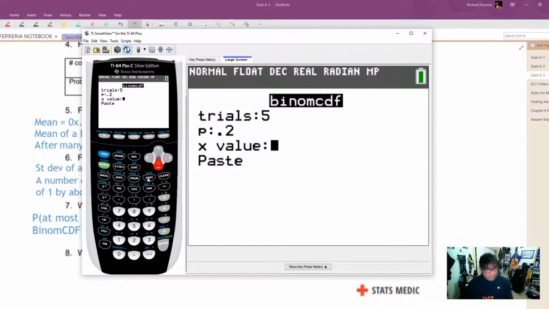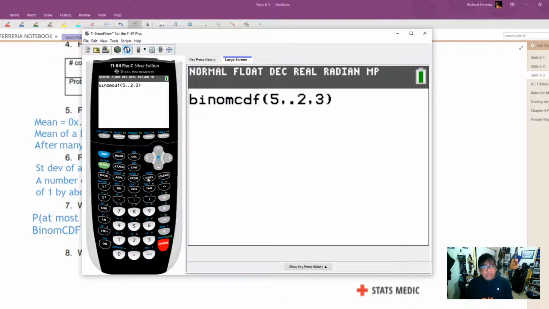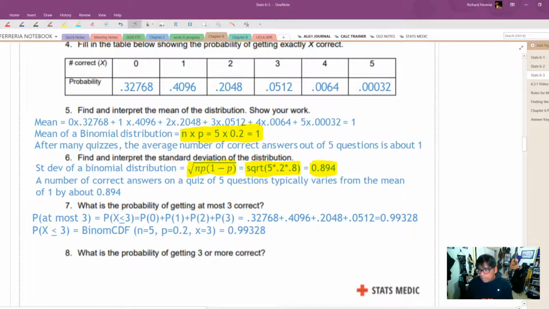The probability of less than or equal to 3 is exactly equal to this binomial CDF. Same answer. We could write the probability that x is less than or equal to 3 is equivalent to the binomial CDF with n equal to 5, p equals 0.2, and x equals 3, and get that same response.